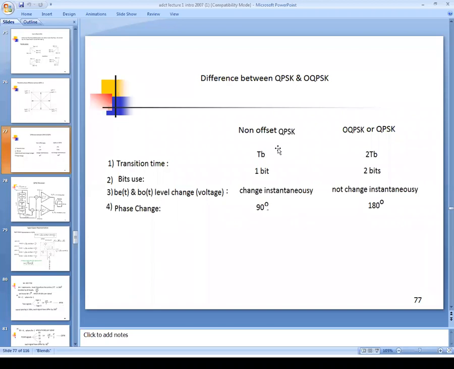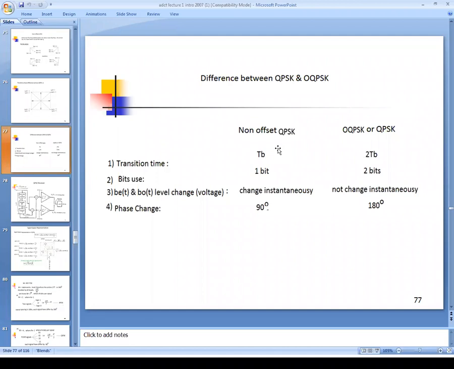These differences are important from an examination point of view. Please observe them, because examiners many times ask this type of question: differentiate between offset QPSK and non-offset QPSK, or QPSK and non-offset QPSK.